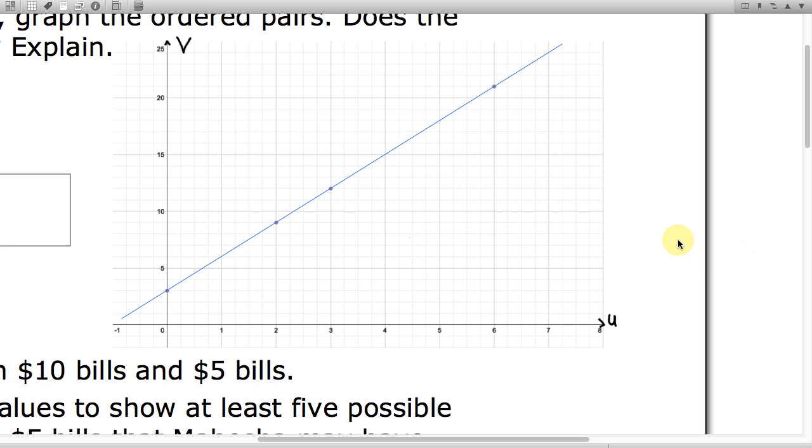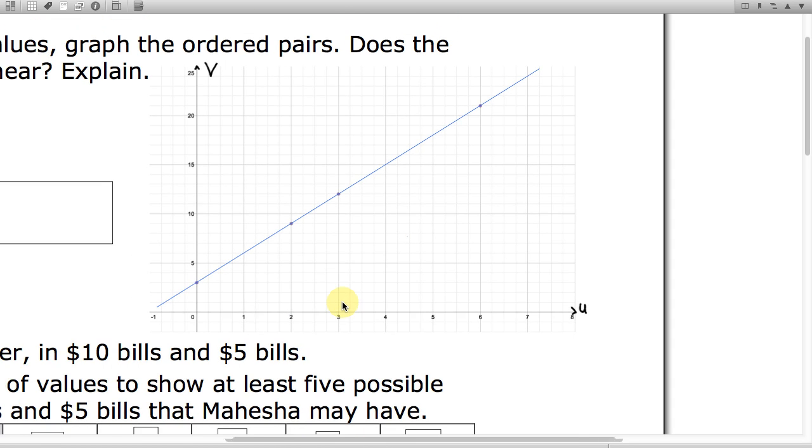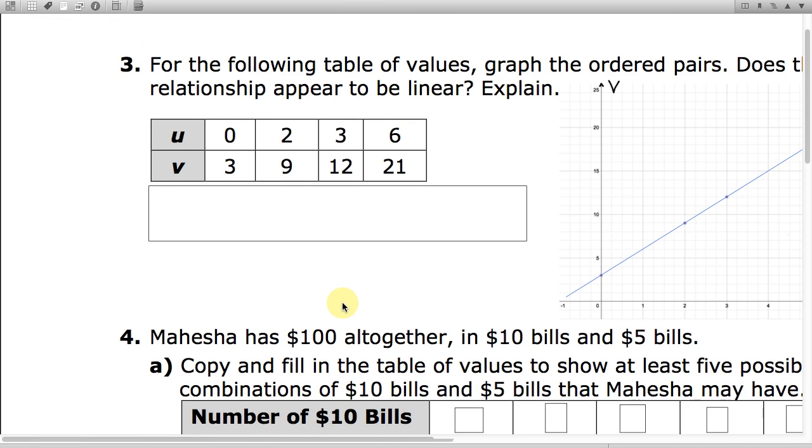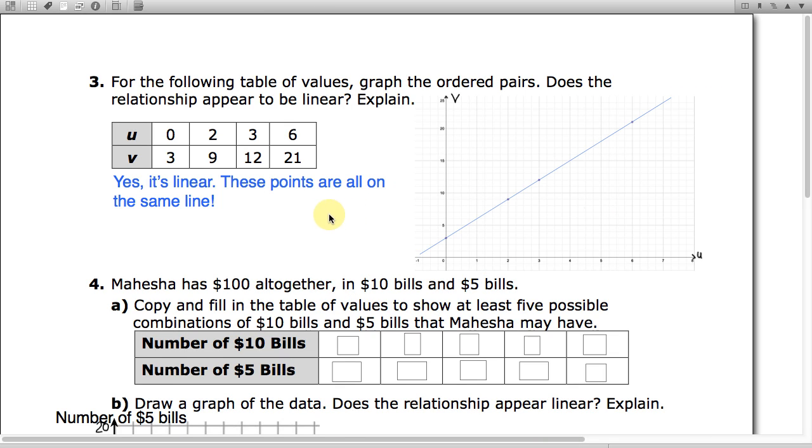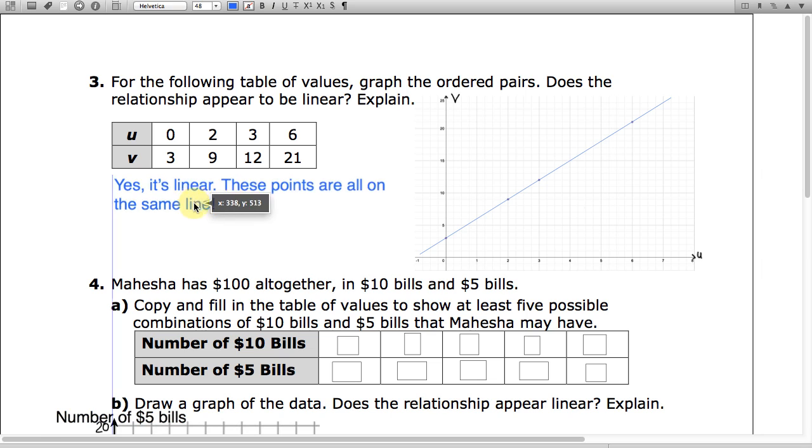So this does seem to be a linear relationship. So yes, it's linear. These points are all on the same straight line. So you can certainly tell from the table of values as well.